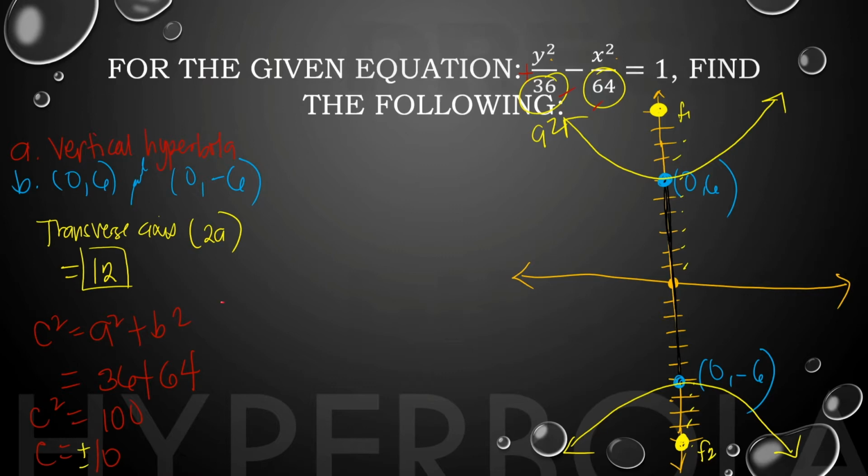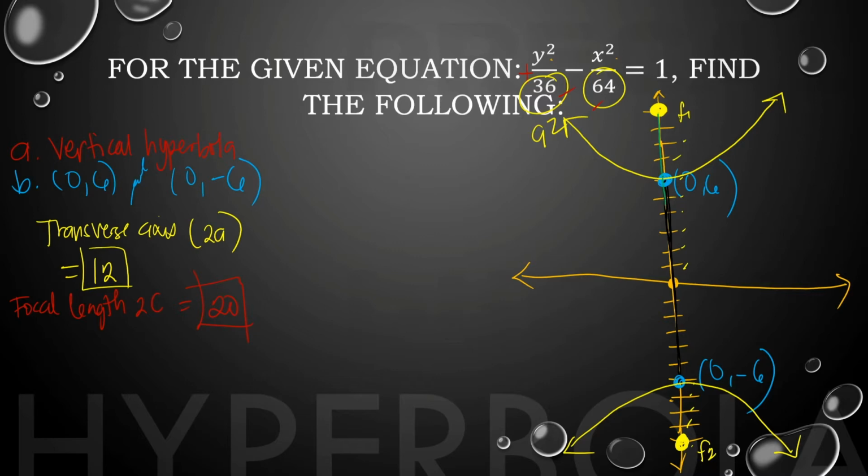Kung nakuha na natin yung value ng c, mahanap na natin yung focal length. Focal length is equal to 2c. So, 2 times 10 is equal to 20 units. Ito yung tinatawag na focal length, one focus to another.